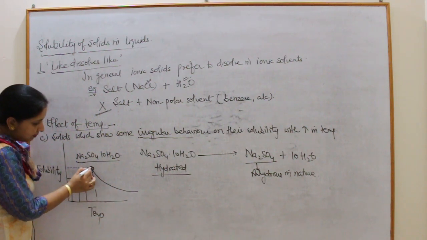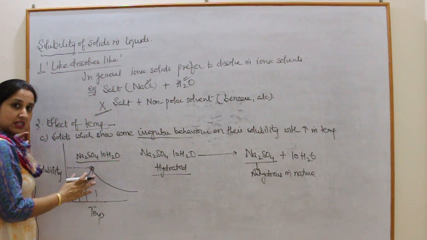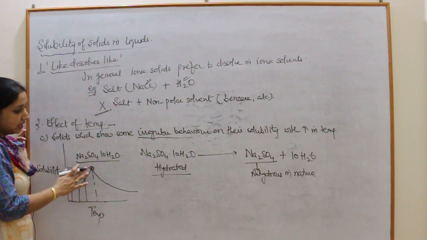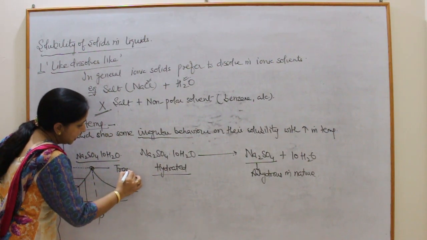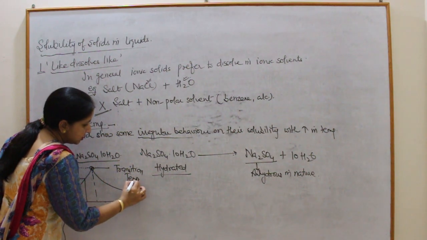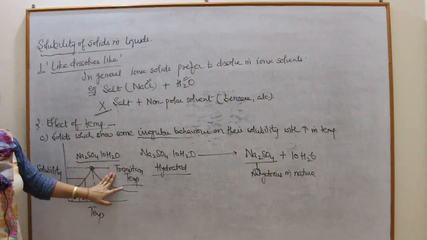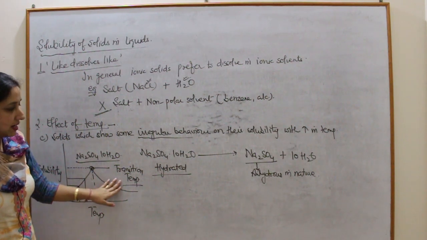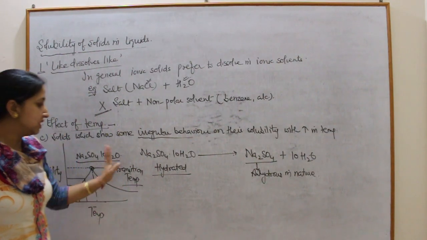So this temperature at which its behavior is changed, or we can say its nature is changed, is known as transition temperature. We know the meaning of transition. Transition means change. So this is the temperature at which the nature of the solid changes.